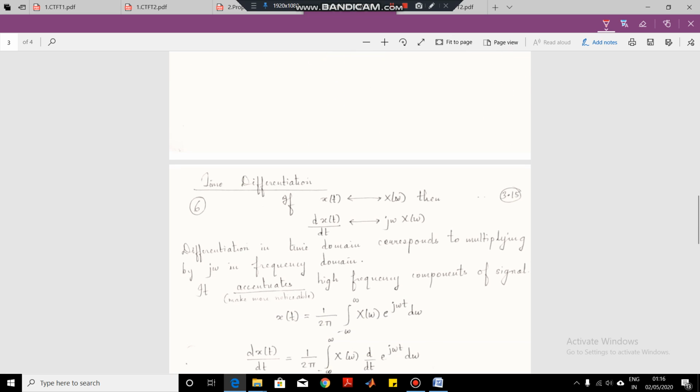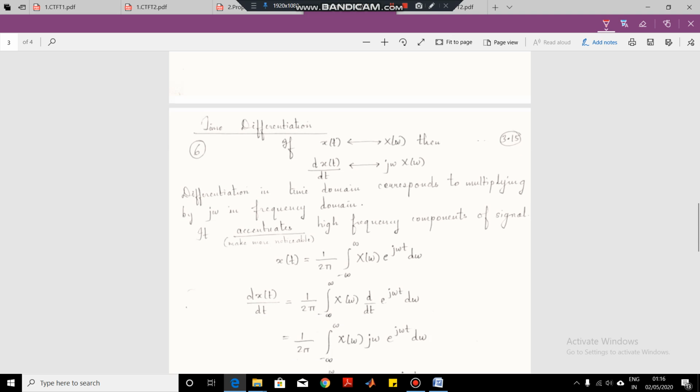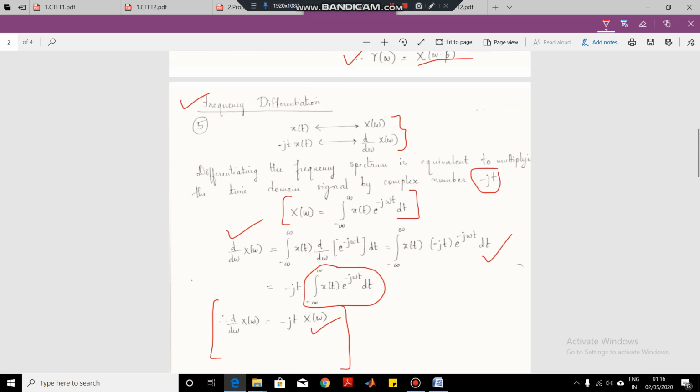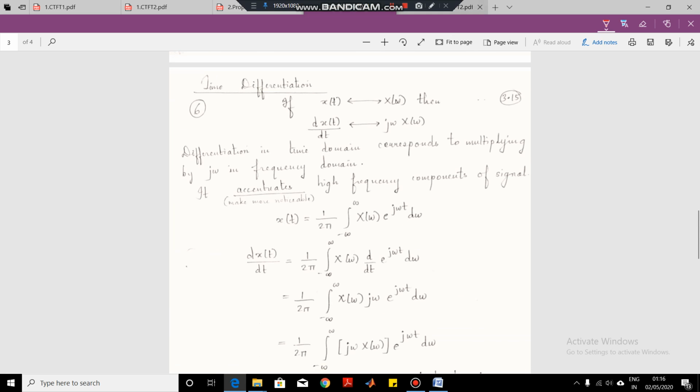Now let us talk about the time differentiation property. This was about the frequency differentiation. Now let us see the time differentiation. When we take the derivative of the signal in the time domain, it leads to multiplication by j omega in the frequency domain.